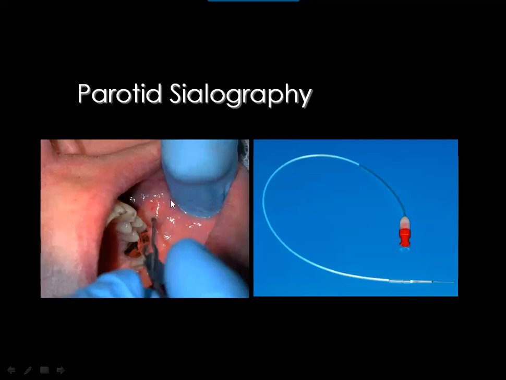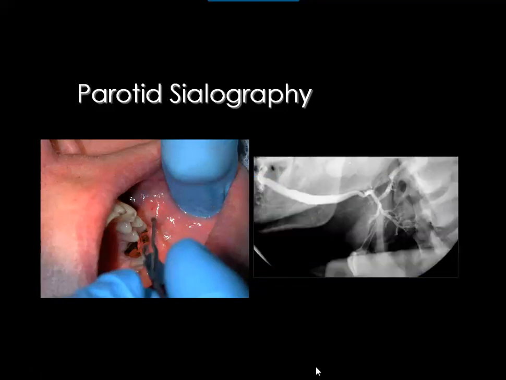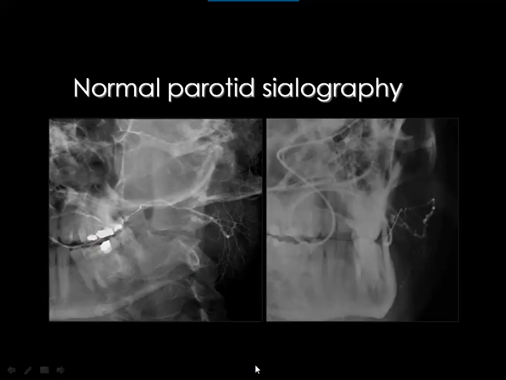And whenever you open the mouth of the patient and push his cheek, then you can easily identify the opening. Then you cannulate and inject a radiopaque contrast medium. Then you have films, and after injection of contrast, you can see the main parotid duct as well as the intraglandular branches. And you may have the lateral view, the oblique view, and the frontal view.